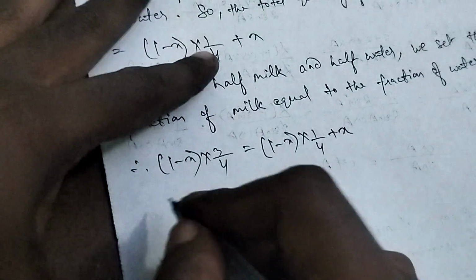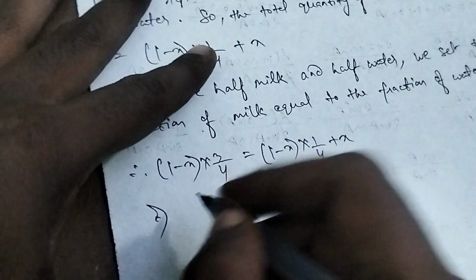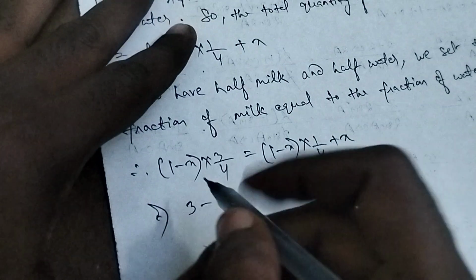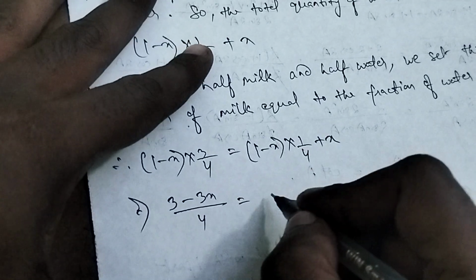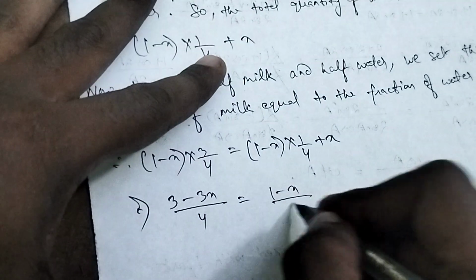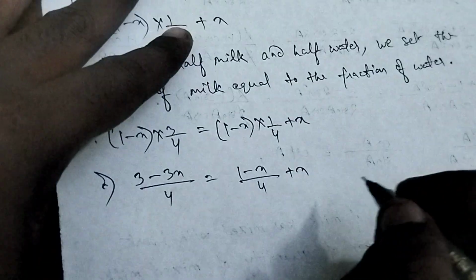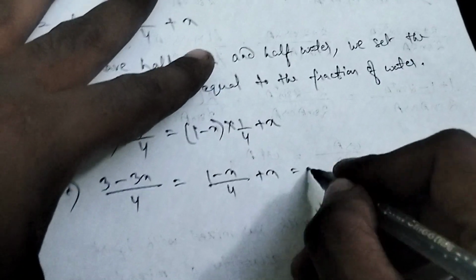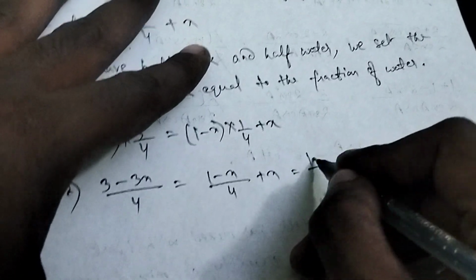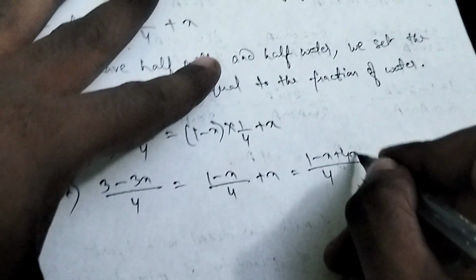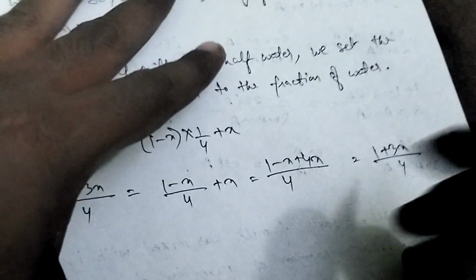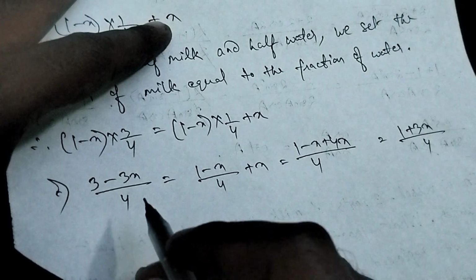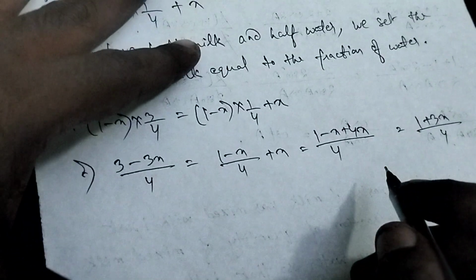So from here we can write 3 minus 3x by 4 is equal to 1 minus x by 4 plus x. That is 1 minus x plus 4x by 4, that means 1 plus 3x by 4.